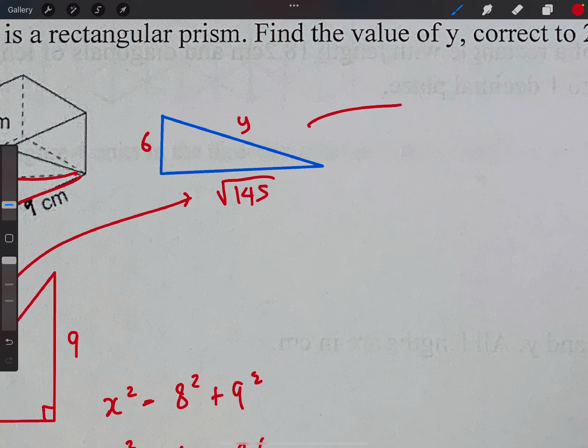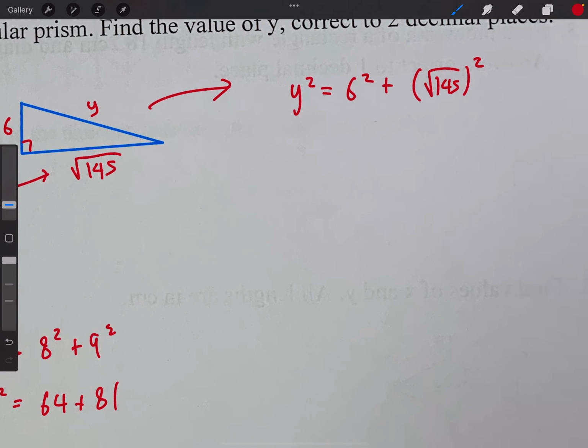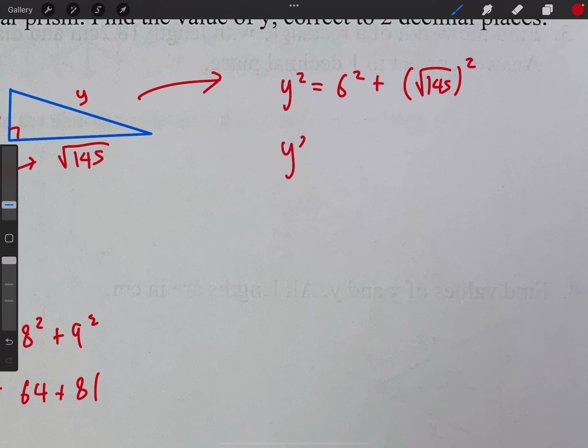Alright. This is a right angle triangle here, the blue one. I can say that y squared is equal to 6 squared plus the square root of 145 squared. So y squared is equal to 36 plus, when you square a number that's a square root, you cancel out the square root and you get 145.